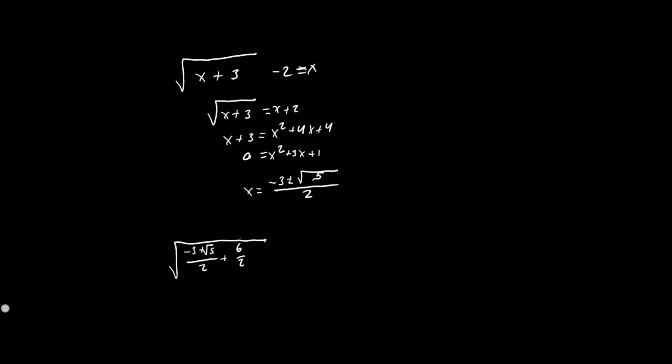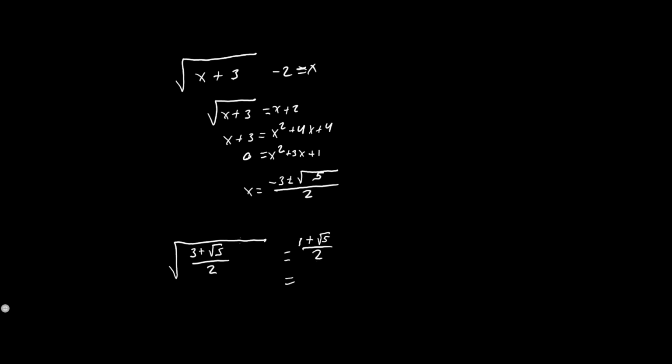So here we simply end up getting on the inside positive 3 plus root 5 over 2. And we get x plus 2, which is negative 3 plus root 5 plus 4 over 2, which is 4 minus 3, which is 1, plus root 5 over 2.